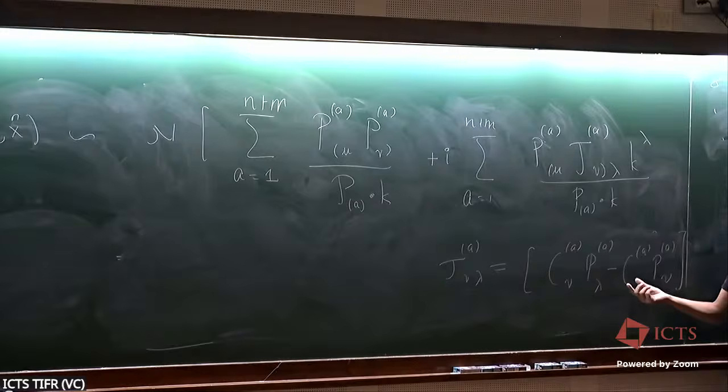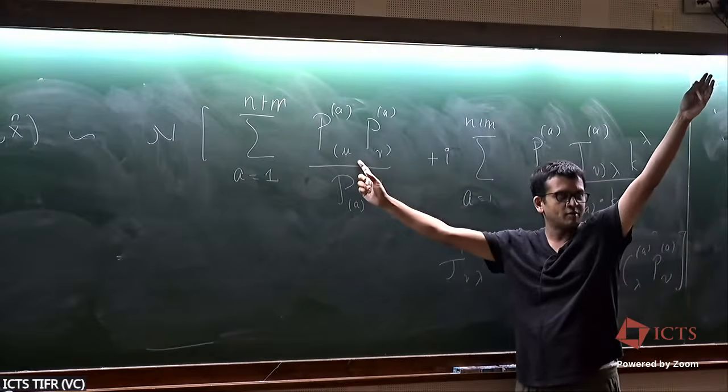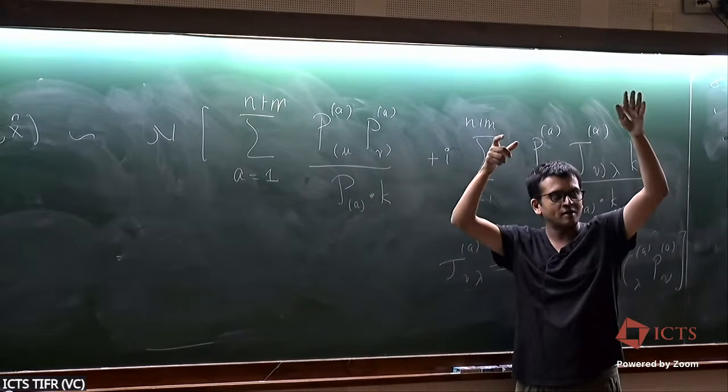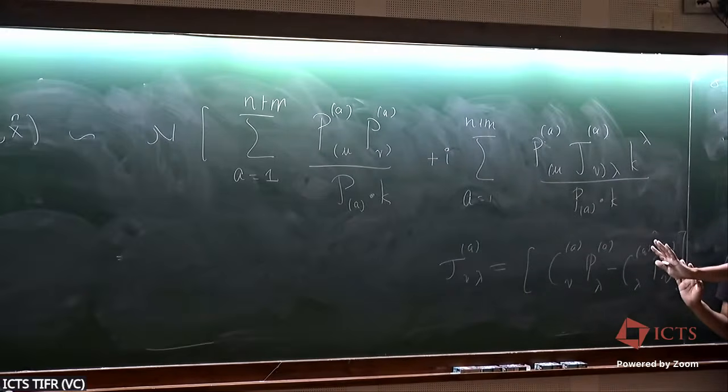So if you combine the less and the greater contribution, this part was obvious. This only came from the outer. But the outer also has one extra contribution, and that combined with the inner contribution, you can rewrite it in this form. Okay.